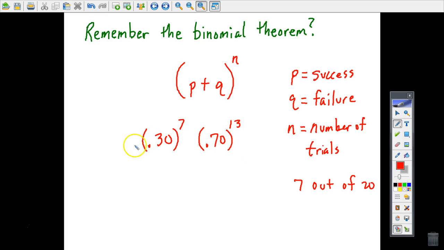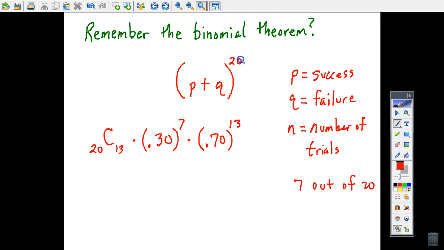And then remember, these get multiplied together along with a combination factor, which is made up of these two exponents added together, will be the first number. And the second number always matches up with the failure percentage, because remember, this is really just one, in this case, of 21 terms in the expansion.